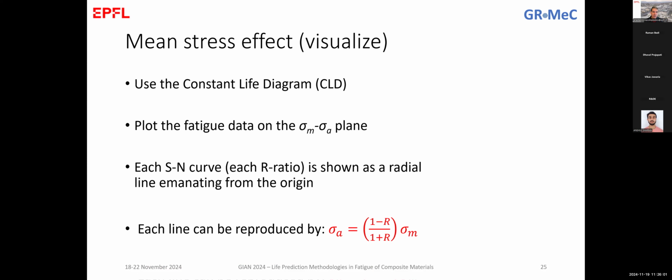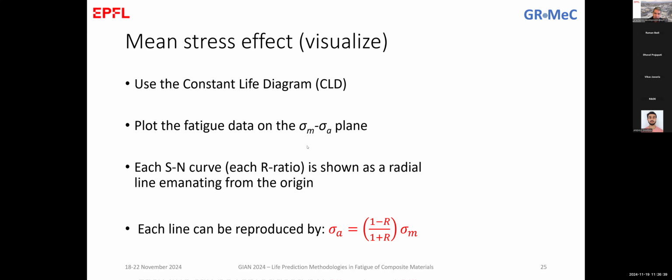For visualizing the mean stress effect, we can continue discussing on the level of the SN curves, but in the last 50 years the concept of the constant life diagram has been introduced, where the fatigue data can be plotted in the mean stress and amplitude plane to represent all the fatigue data together, independent of their ratio.